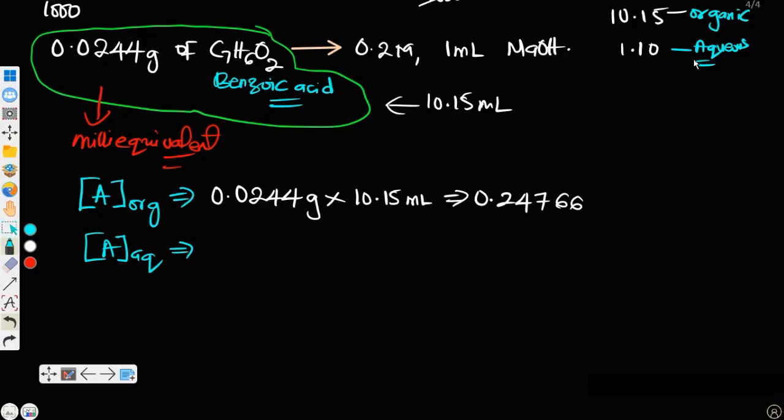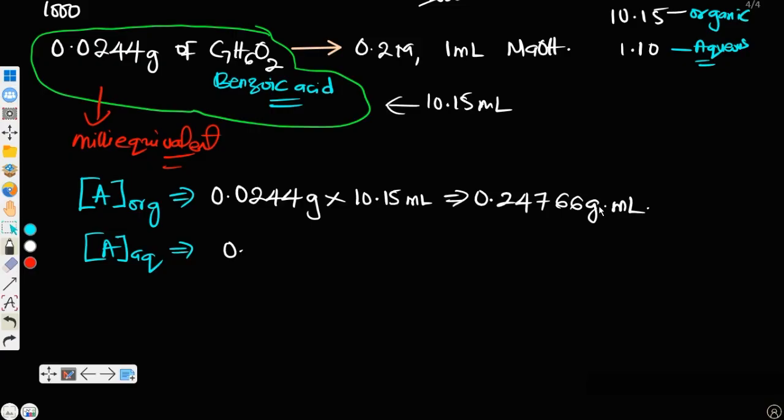You still use sodium hydroxide. So it means if 0.0244 gram reacts with 1 ml of sodium hydroxide, then 1.1 ml will be equals to X2 when you cross multiply. Are you getting it now?